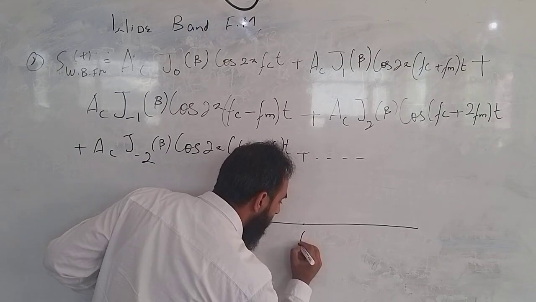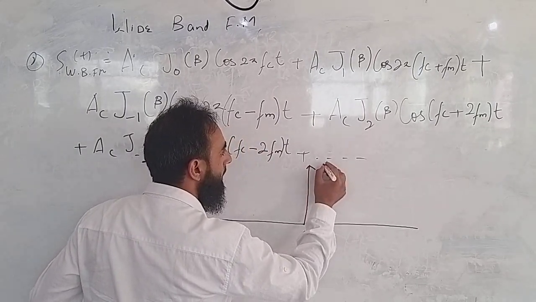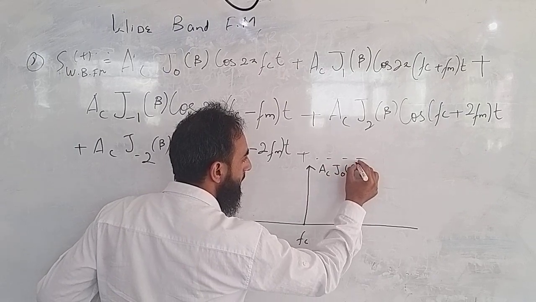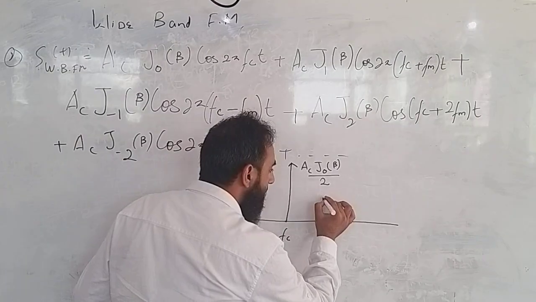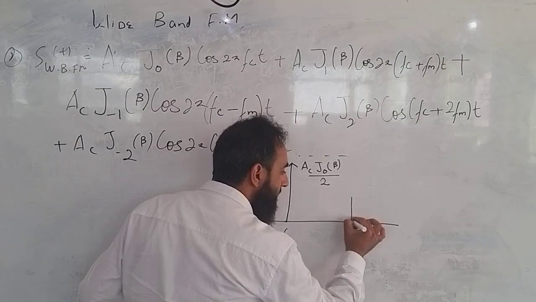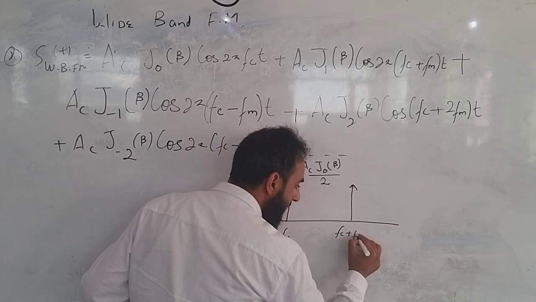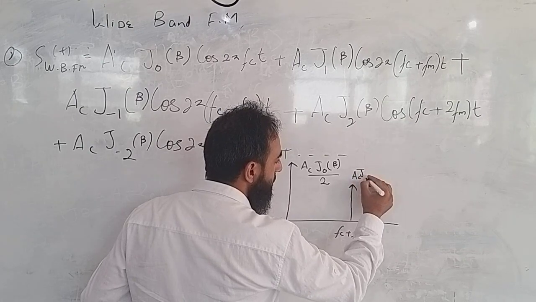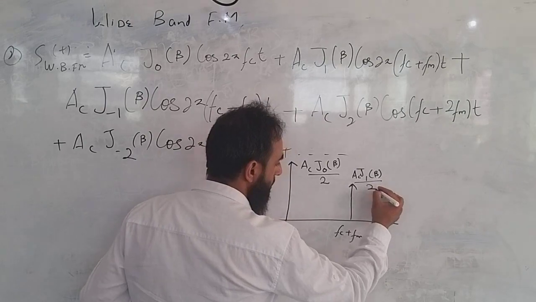At some point fc, at some point fc plus fm, I will have A_C J1 of beta by 2.